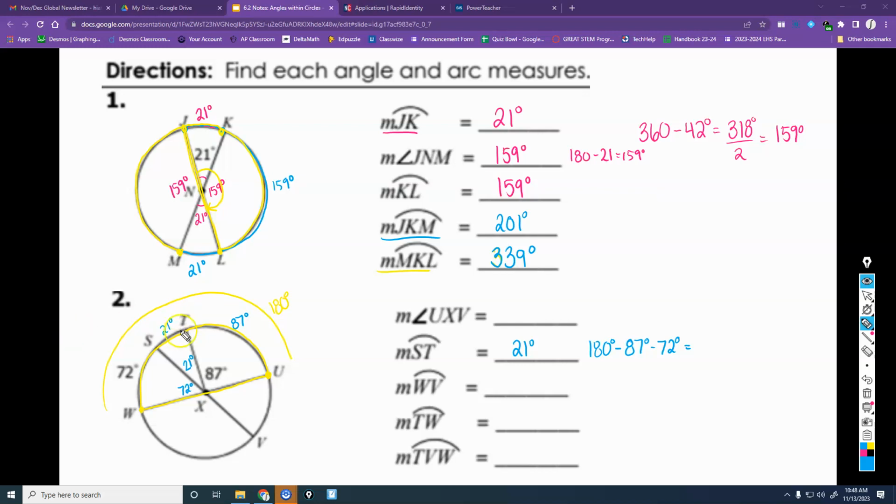All right, let's go back to UXV now. UXV is this angle right here. Yeah, it's 72. Actually, it's an easier one than I thought, because those are straight lines, right?